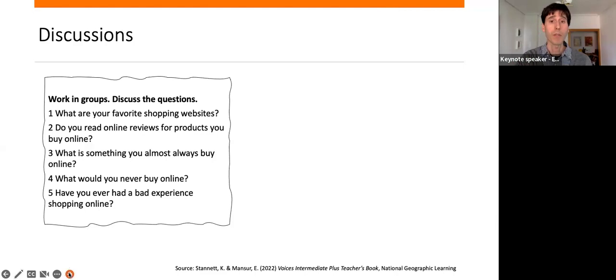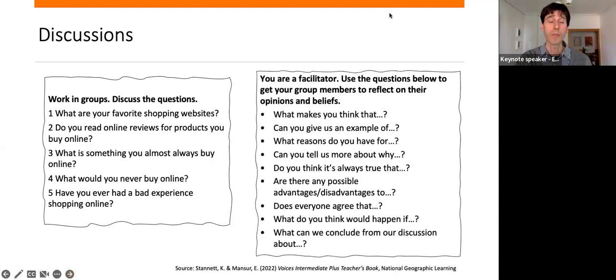But if we want to add a bit more mediation, particularly mediation of concepts, to this type of activity, we could designate one student as the facilitator and give them some extra questions, and expect them to ask the other students in the group these types of questions.